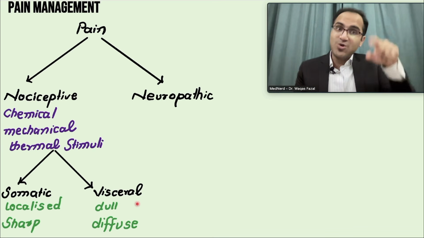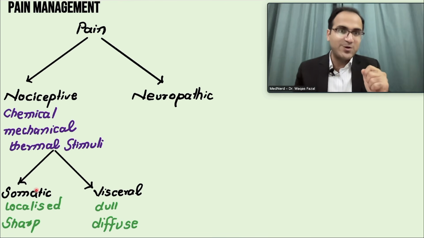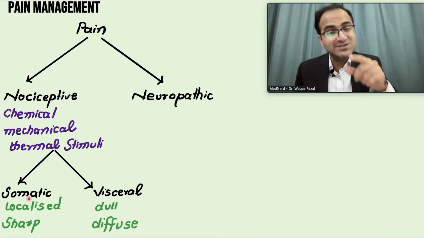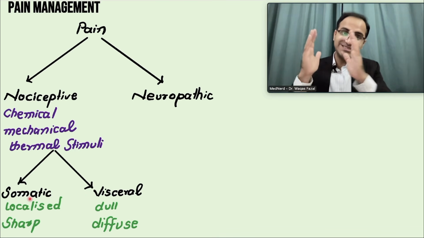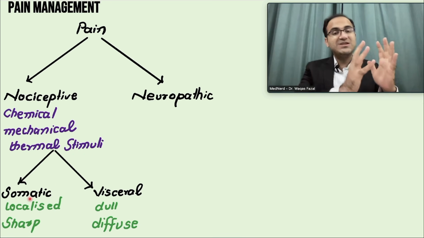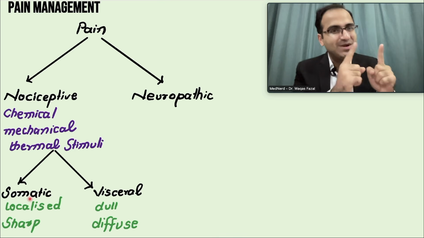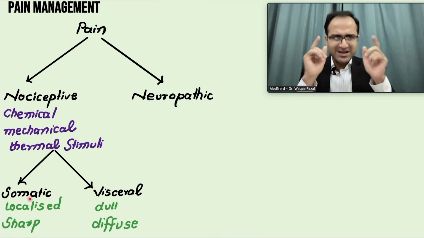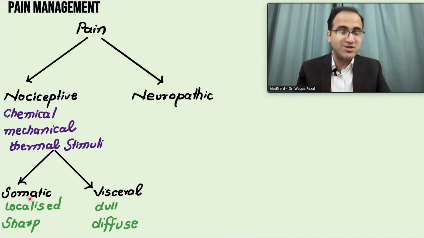Now the patient is localizing the pain. That localization occurs due to irritation of the parietal peritoneum, which causes somatic localized sharp pain. So in acute appendicitis, initially the patient has dull diffuse visceral pain, and then when the patient localizes it to the right lower quadrant, that is actually somatic pain. So remember, somatic pain is a sharp localized pain and visceral pain is a dull diffuse pain.